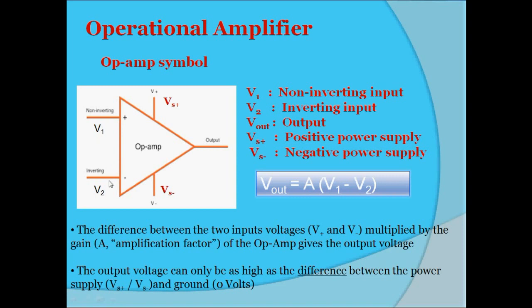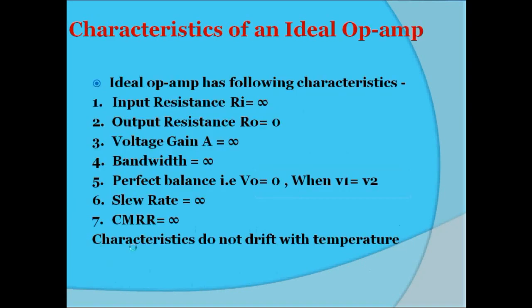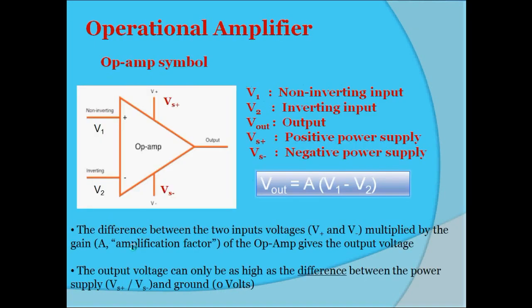So how can we define the output voltage? It is the difference between the two input voltages V1 and V2, multiplied by a gain. Gain is the amplification factor of the op-amp, and thus we can define the output voltage Vout is equal to A into bracket V1 minus V2.